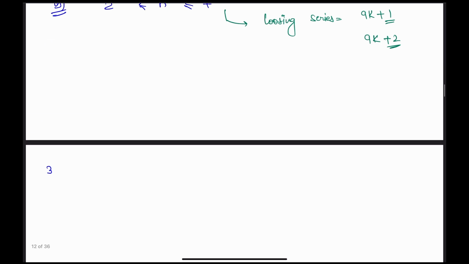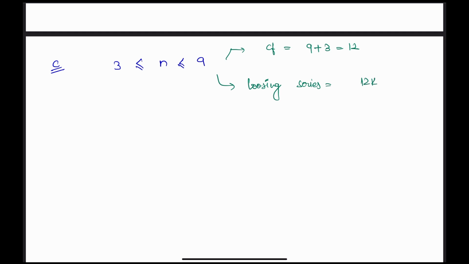Going the same path for 3, if the minimum they have to pick is 3, our concept is not going to change. CF will be 9 plus 3, that is 12, and the losing series will be 12k plus 1, 12k plus 2, 12k plus 3.